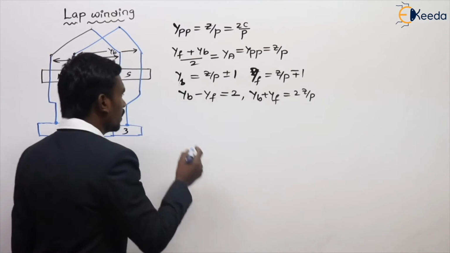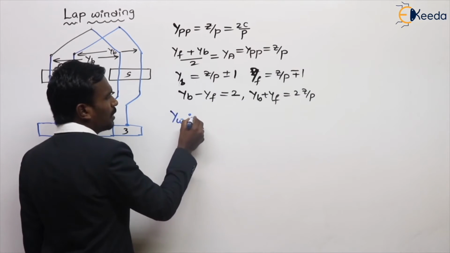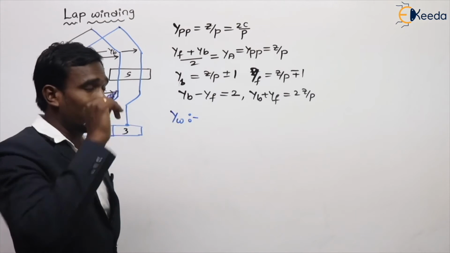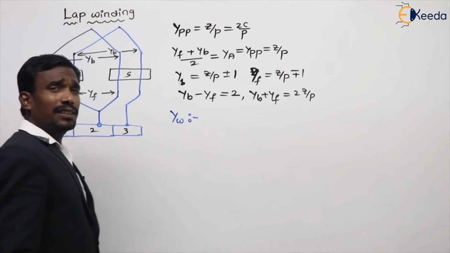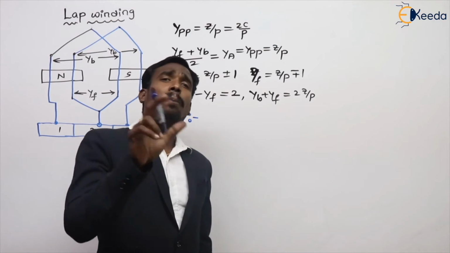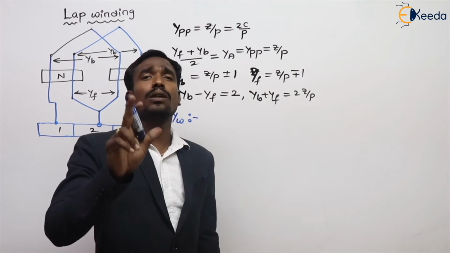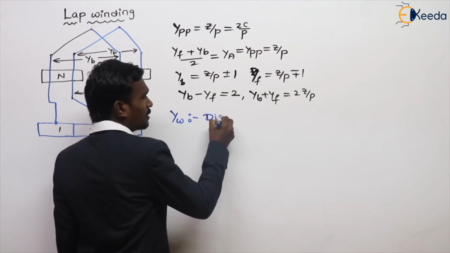And next one, winding pitch. What is this? Winding pitch is nothing but the distance between two consecutive top coil sides or two consecutive bottom coil sides.